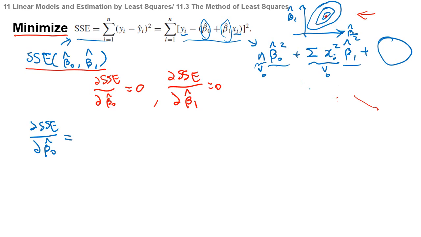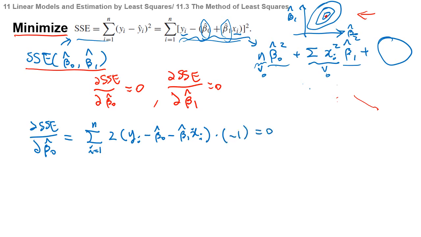If we differentiate with respect to beta 0, it is the sum from i equals 1 to n, differentiating the inside part with respect to beta 0 hat, which is 2 times yi minus beta 0 hat minus beta 1 hat xi, times minus 1.